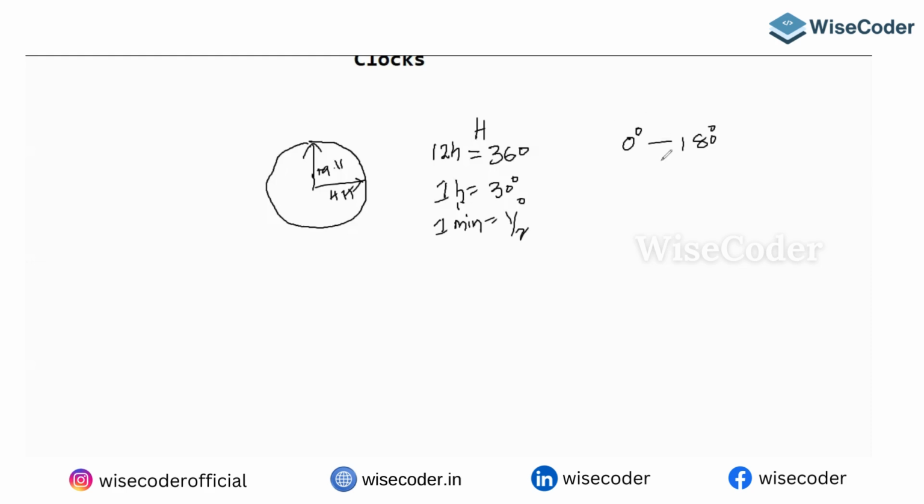Vice versa: if the angle between the minute hand and hour hand is given, you can tell the time; when the time is given, you have to say the angle between the hands.